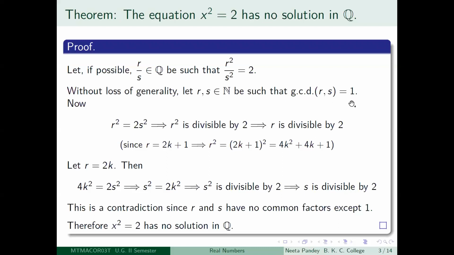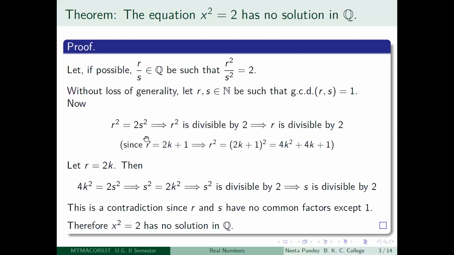So this you can do again without loss of generality. So you have started with a positive rational number whose numerator is a positive integer, denominator is a positive integer, and there are no common factors between r and s, so that r squared divided by s squared is equal to 2. Very good.